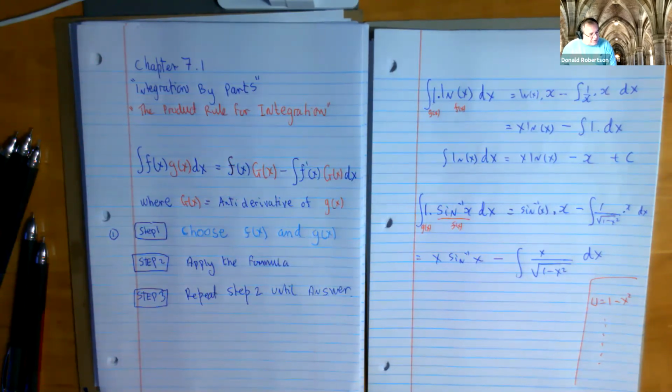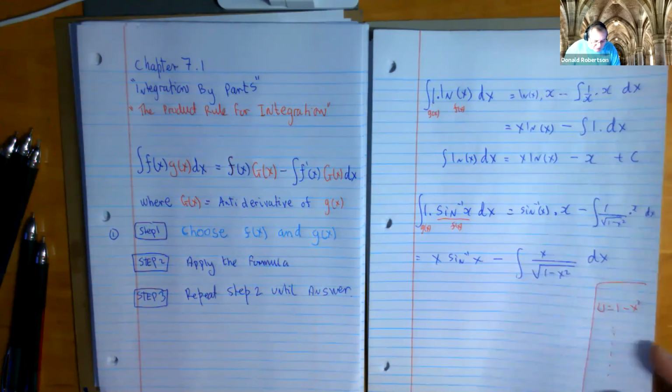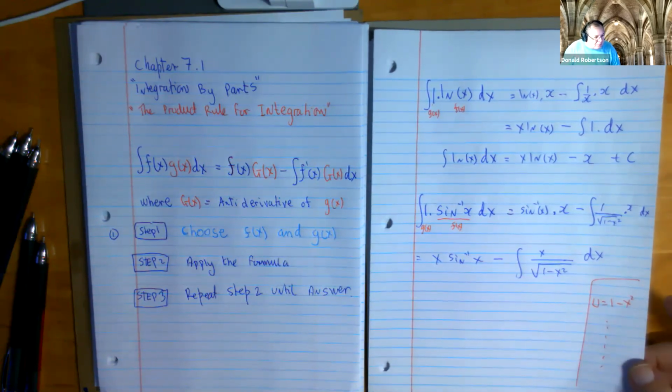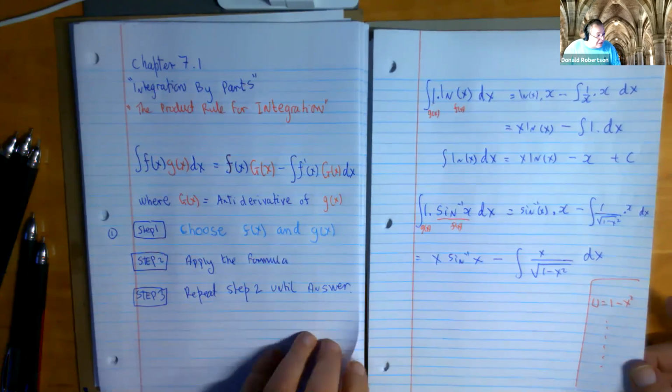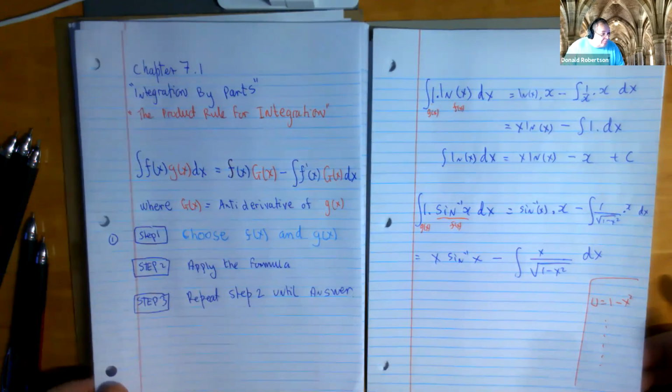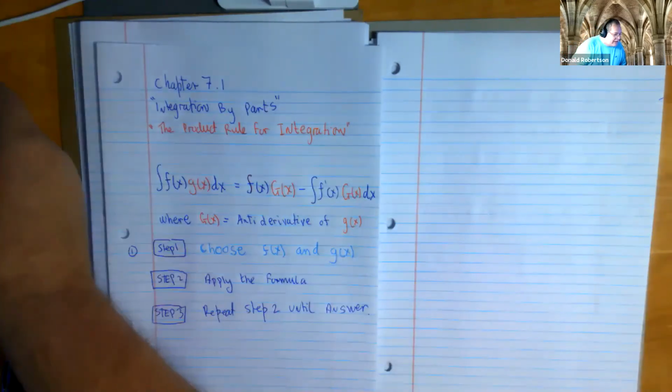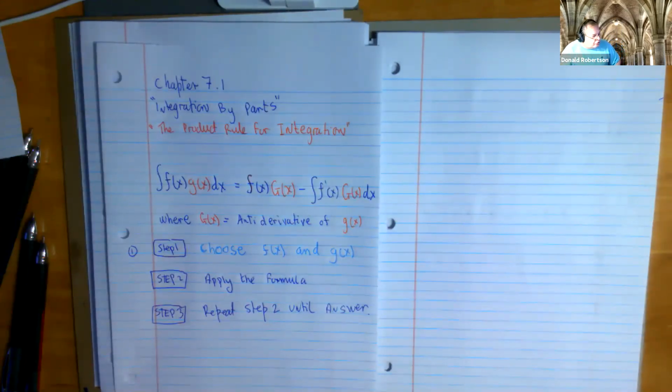But I'm sure there is a function out there where that weird combination might happen, right? You are never going to see one. At least I've never seen one in 40 years of teaching, but theoretically it could happen, right? So I just want you to be okay with that when it does happen, right? That you can use one technique followed by another.